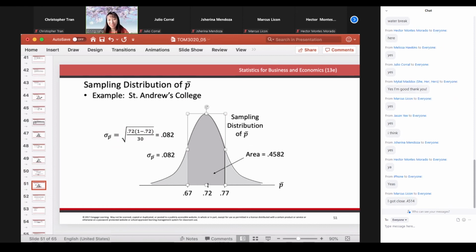Anyone getting the Z thing? Okay. Oh, nice. Marcus, you're quick. Wow. Yep. Good, good. You're pretty close. If you are close to that, like second, third decimal place, then it's probably just a rounding issue. I would not be concerned.